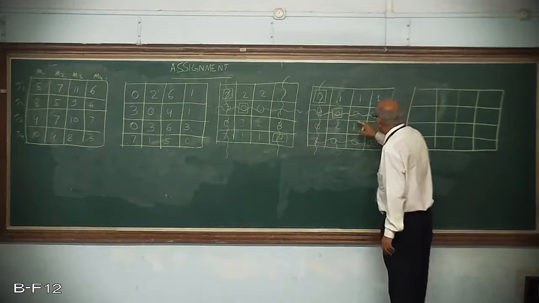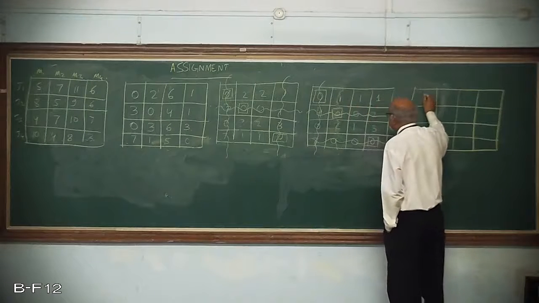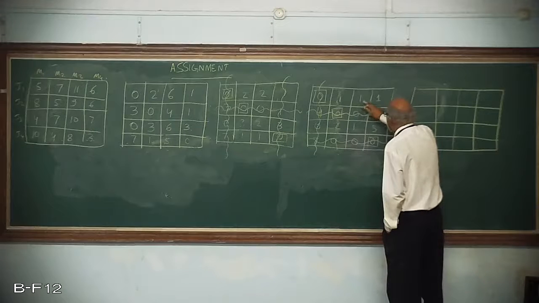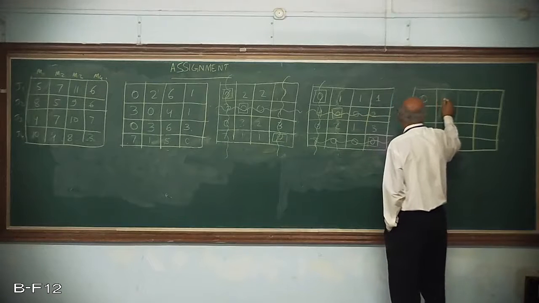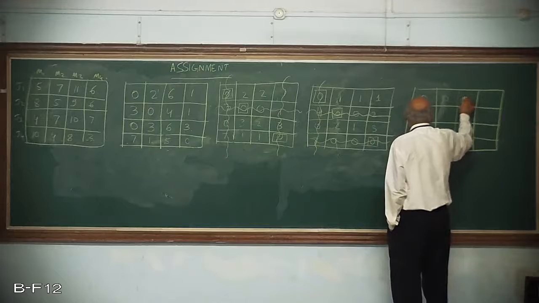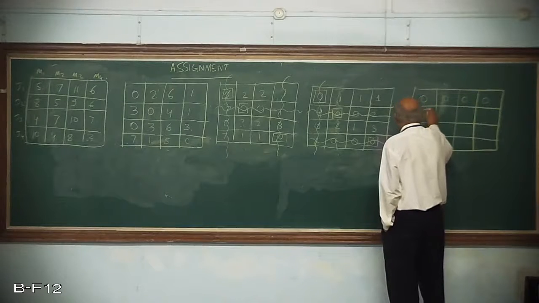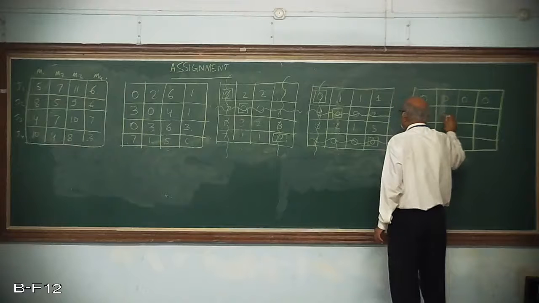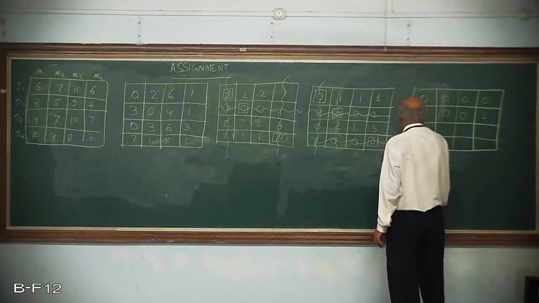Now out of these, which is the least? The least is 1. Try to observe here. So this is 0, this is 0, this is 0, this is 0, this is 4 plus 1, 5, this is 0, this is 0, this is 2, this is 0, this is 7 plus 1, 8, this is 2.